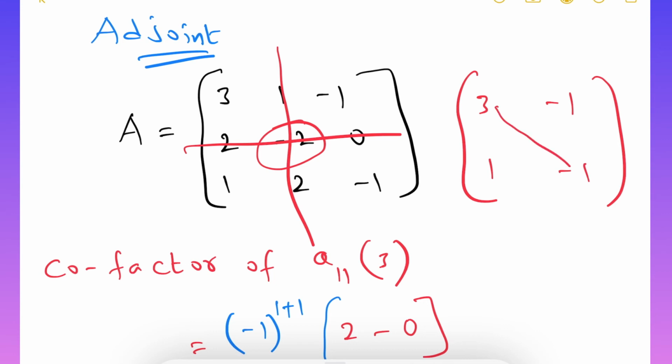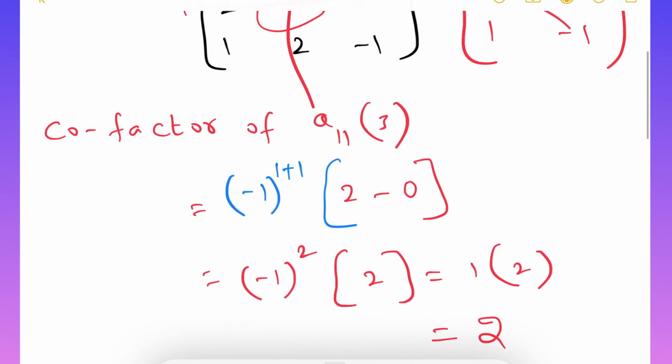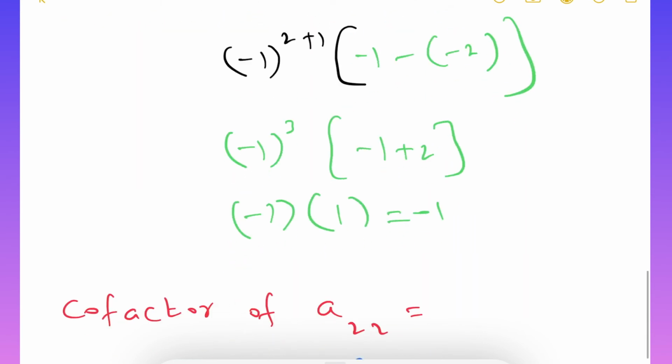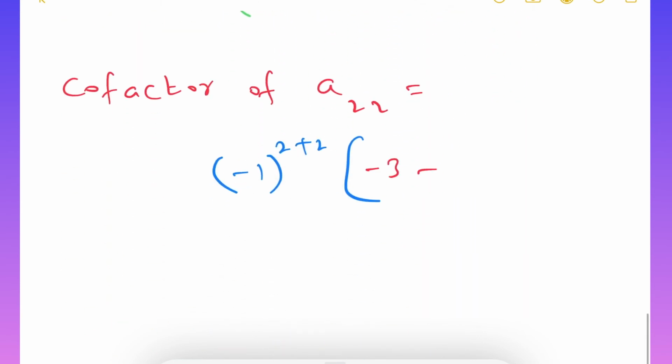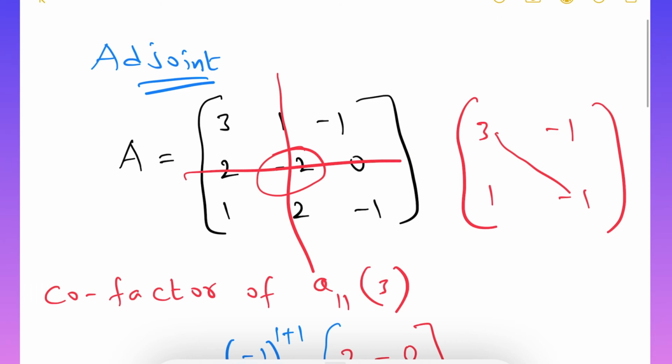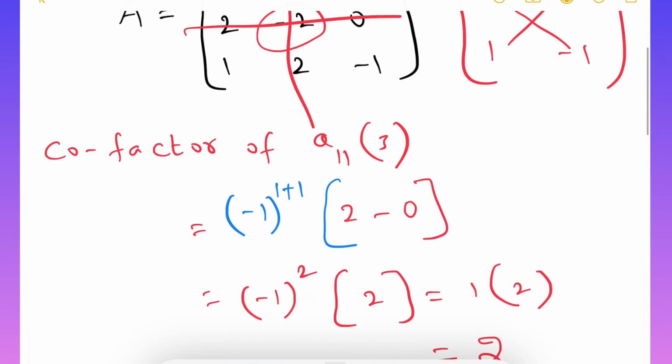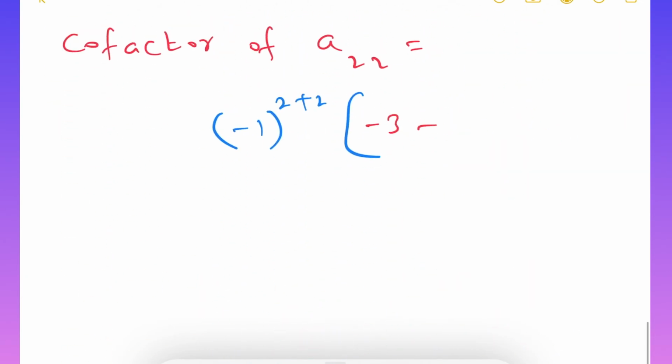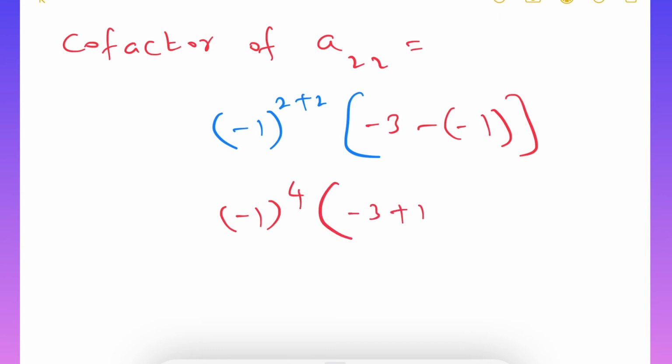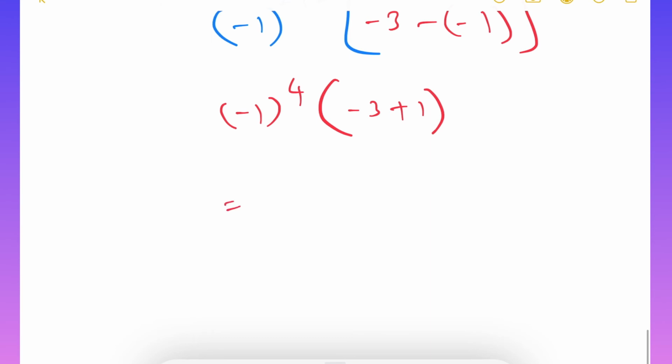First multiply these two, 3 into minus 1, minus 3, minus 3 minus 1 into minus 1, minus 1. Let us simplify this now. Minus 1 power 2 plus 2, 4 into minus 3, minus into minus plus 1. So we get minus 1 whole power 4, 1 into minus 3 plus 1, minus 2, which is equals to 1 into minus 2, minus 2.